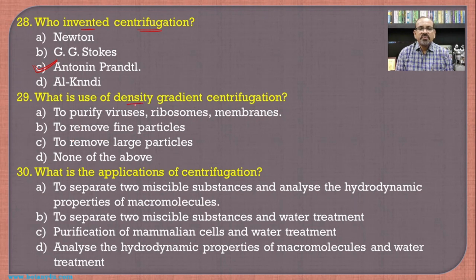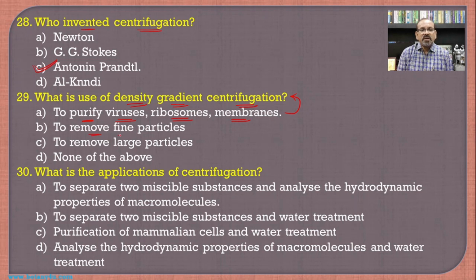What is the use of density gradient centrifugation? Earlier we have seen that the centrifugal force is developed in the centrifugation, and here the particles are separated according to their density. So to purify the viruses, ribosomes and the membranes, this can be carried out with the help of density gradient centrifugation.